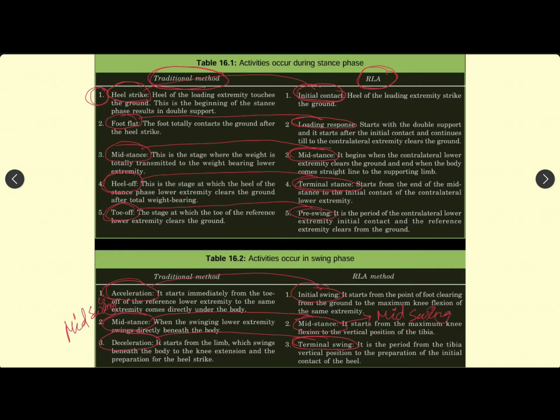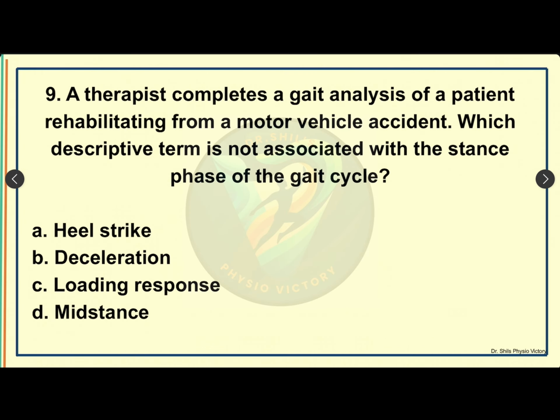Next question. A therapist completes a gait analysis of a patient rehabilitating from a motor vehicle accident. Which descriptive term is not associated with the stance phase of the gait cycle? I have just discussed right now.